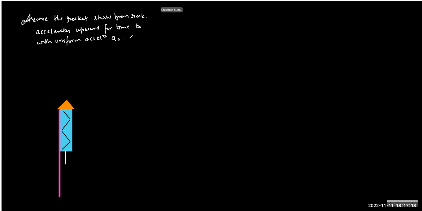So it is only accelerating for time t naught with an acceleration a naught, and you have to ignore the dimension of the rocket. So this is just symbolic.